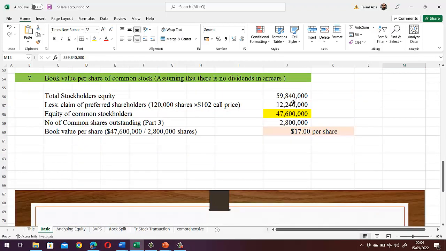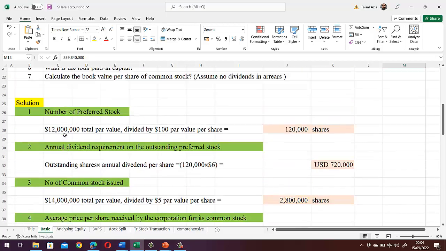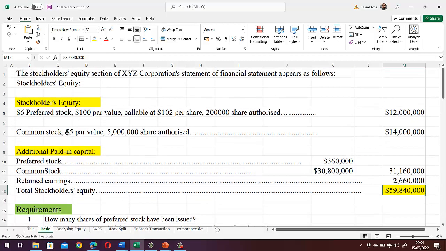From this amount, we need to subtract the call price of preferred shares, as it is given in the same equity section that the call price of a preferred share is 102, and we have already calculated the number of preferred stock which are outstanding. So we will assume that if a company calls back all the preferred shares, how much money it will have to pay.